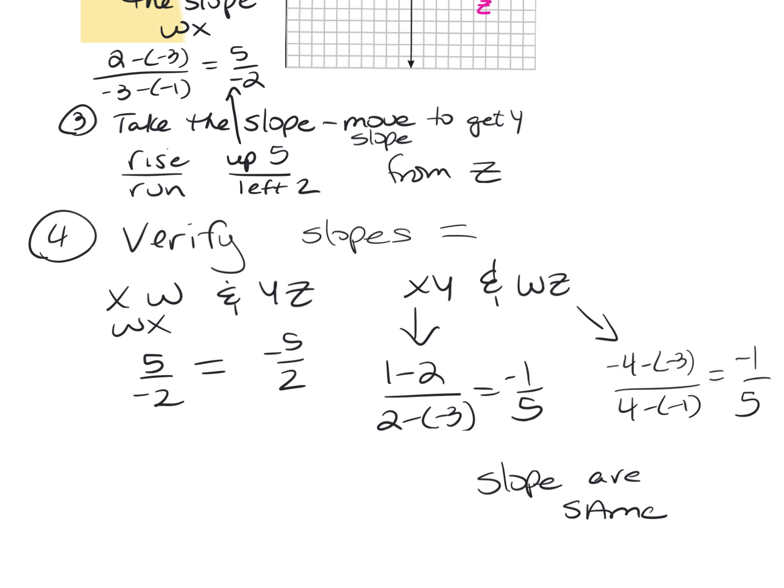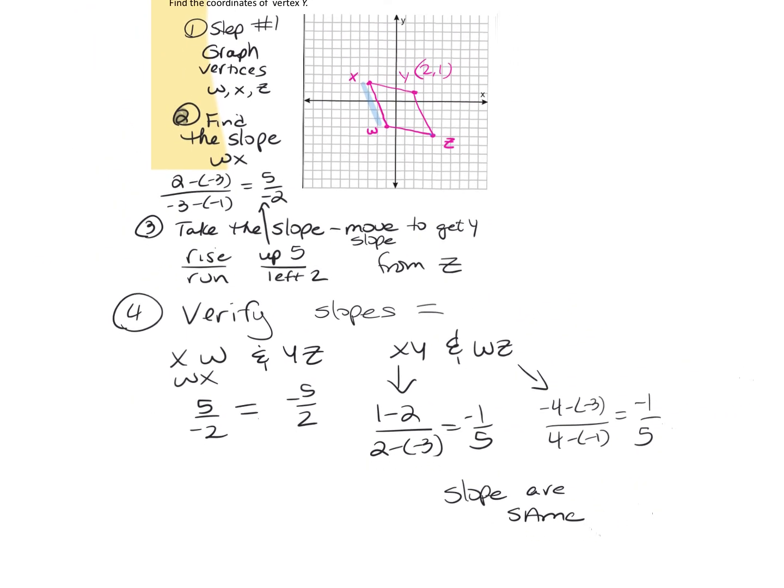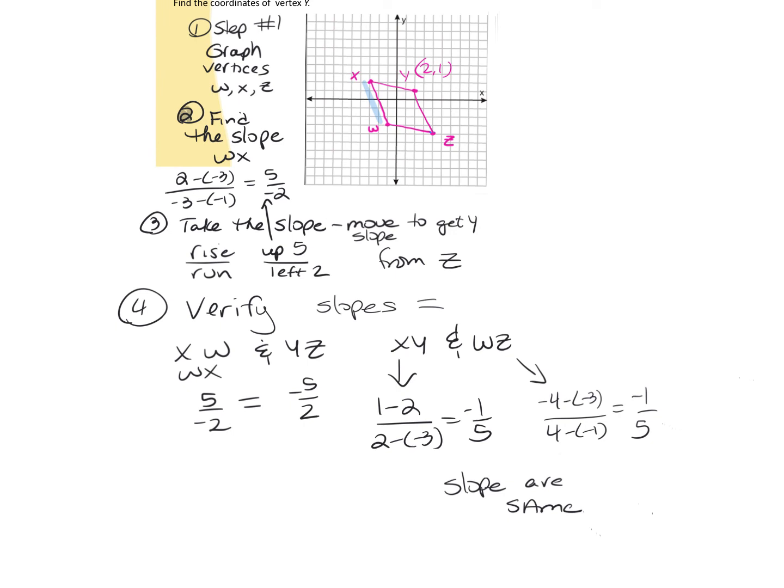Now again, if you've graphed it nice and pretty, then you don't actually have to do the slope formula. You could also have counted the rise and the run. If you went for WZ, from Z, notice it goes up 1, and then it goes over 5. This one is the same, goes up 1 and over 5. So you can also count the rise and the run if that's easier for you to do.